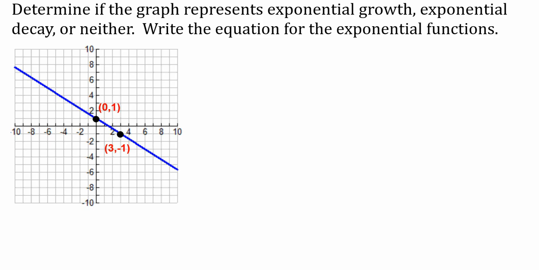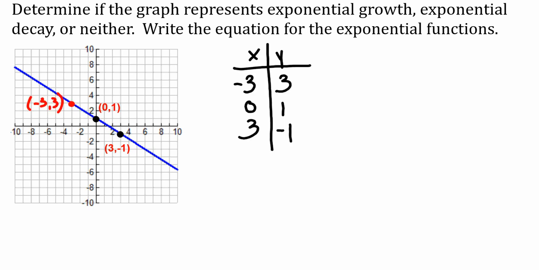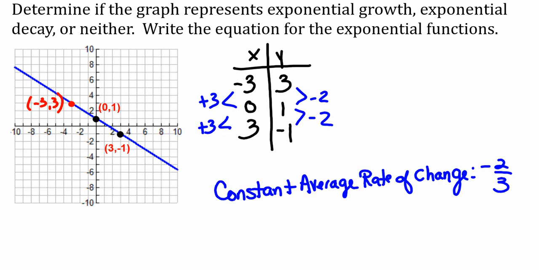Here's another graph, and we should be able to tell by looking at it that it's a linear equation. So, do we see our y-intercept? We sure do. It's at (0, 1). Now, we are going to have a constant rate of change, so we have to find the slope. So we want to pick any 2 points on the line to find the change in y over the change in x, your slope. So how are they changing? The outputs are going down 2 for the inputs going up by 3.